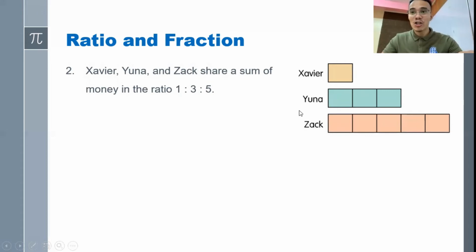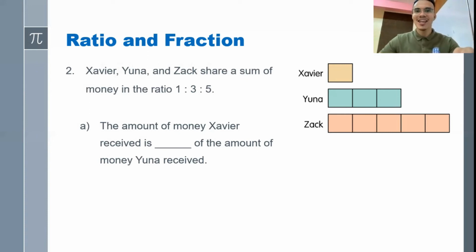And this is shown in the model. How many parts do we have all together? We have a total of 1 plus 3 plus 5, a total of 9 parts. Are you ready now to answer the following questions? Of course, you are always ready for that.